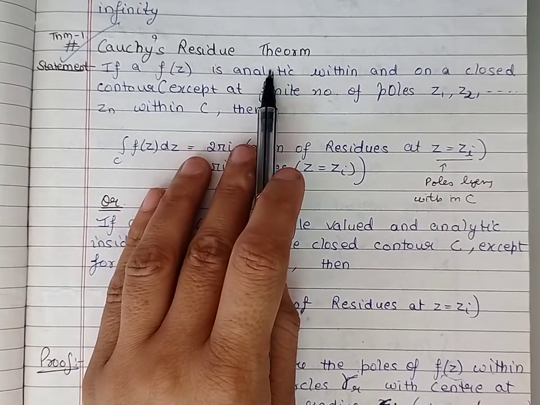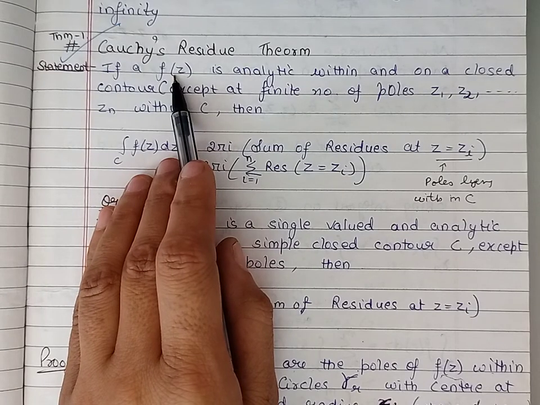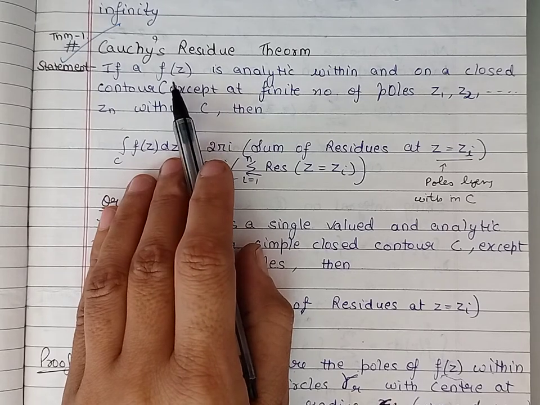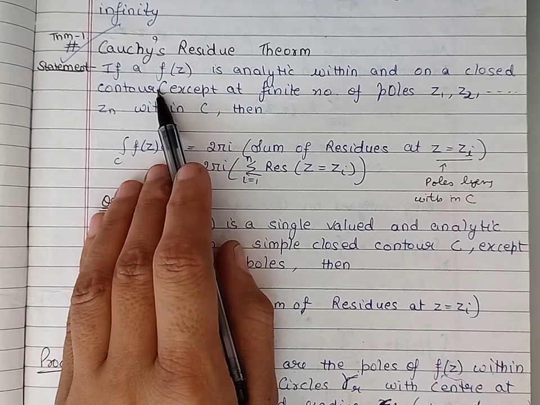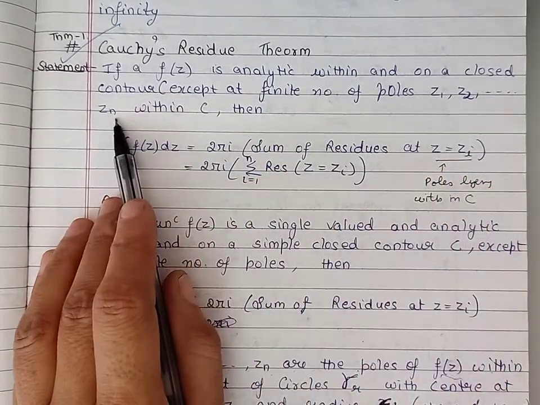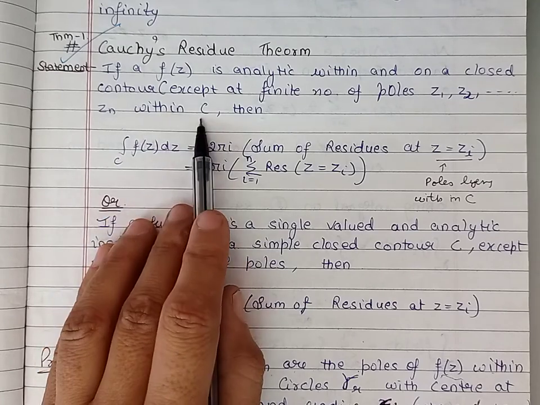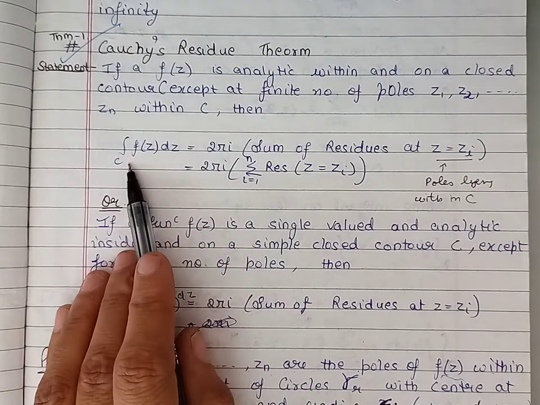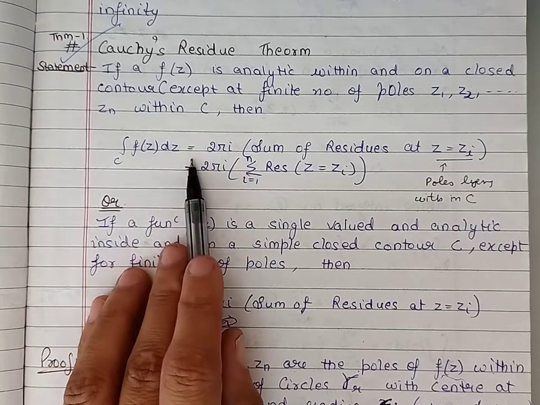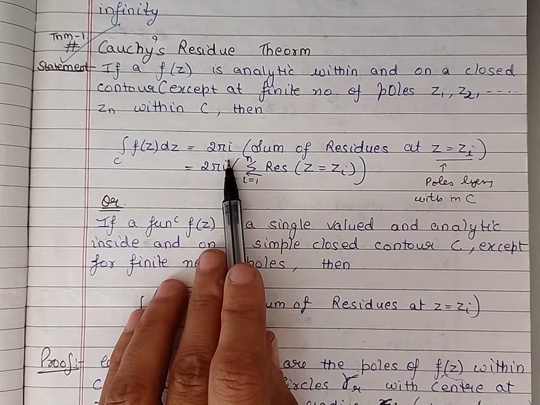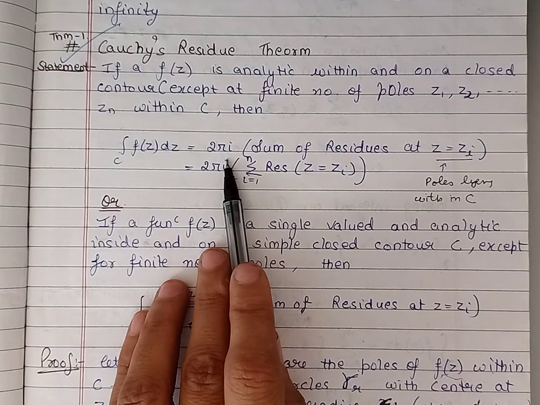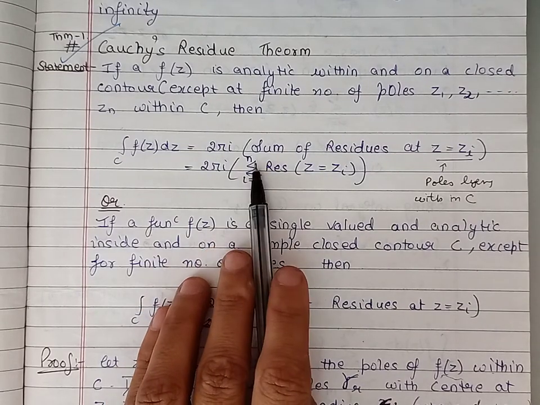According to this theorem, if we have a function f which is analytic within and on a closed contour C, except at a finite number of poles z1, z2, z3 up to zn within C, then the integral of this function f over the closed contour C is given by 2 pi iota into the sum of the residues of the function at its poles lying within C.